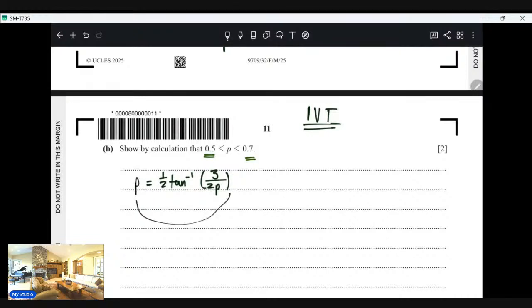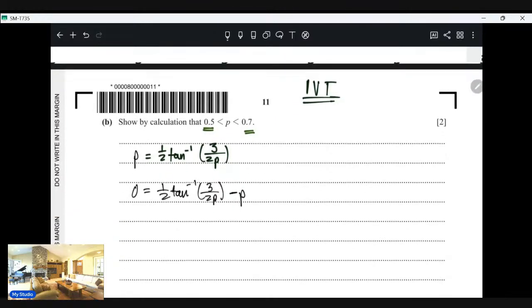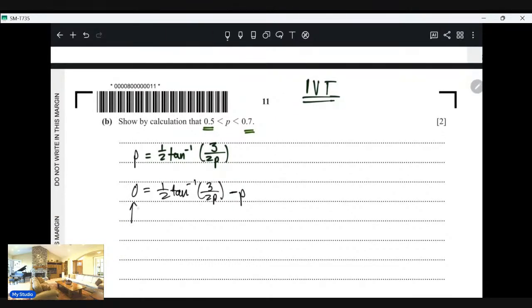I'm going to take p to the other side and have 0 equal to half tan inverse of 3 over 2p, then minus p. Instead of 0, I'll call it f of p. The function is half tan inverse of 3 over 2p minus p. Are we together?